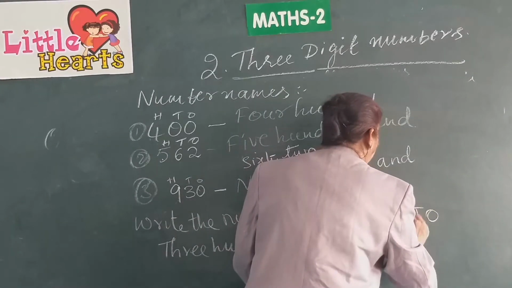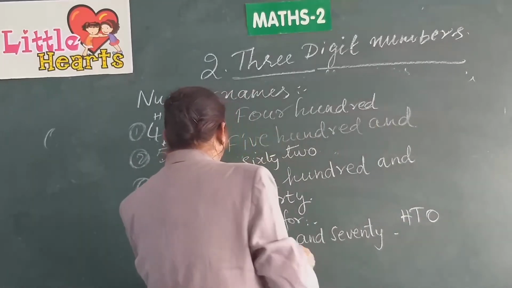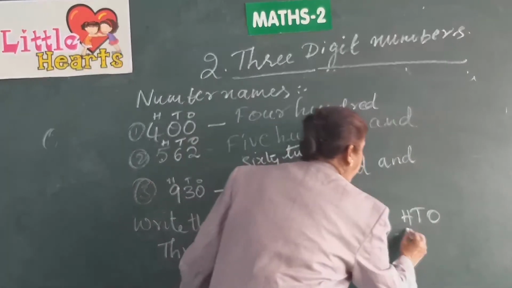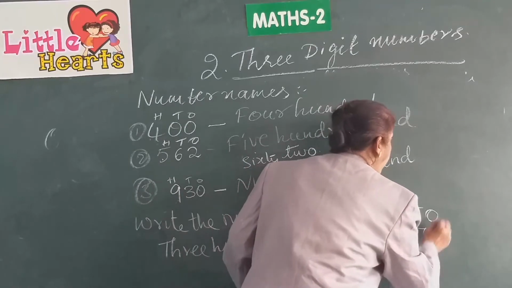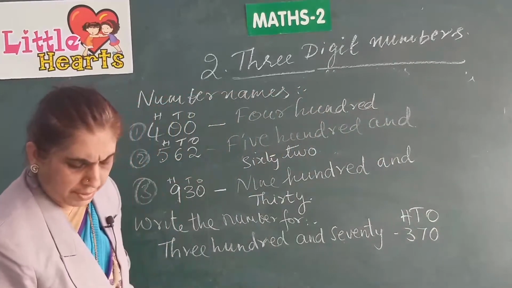How many hundreds are there in this number? 300. 3 in the hundreds place. 70. You know how to write 70. 370.